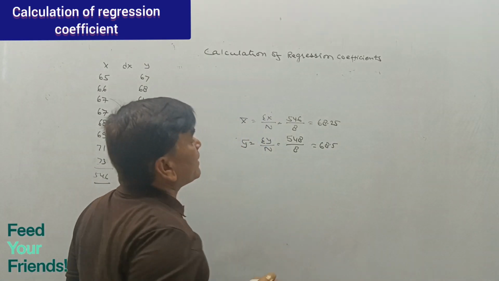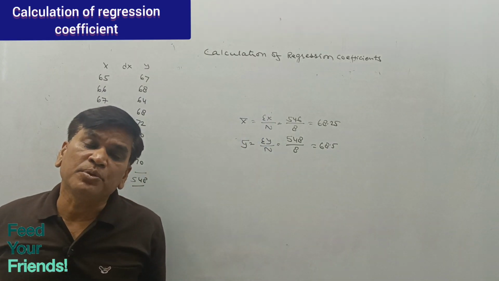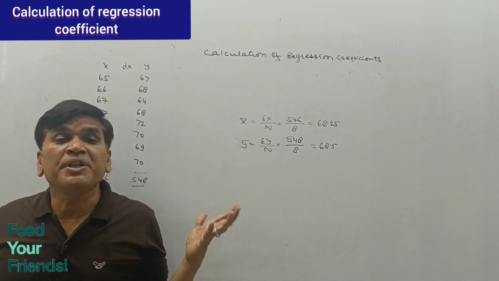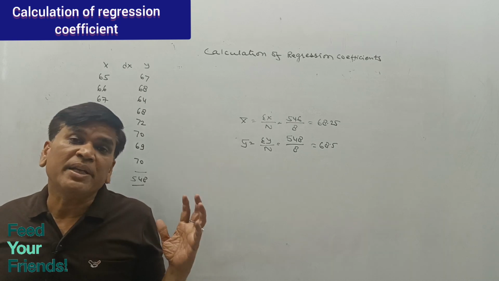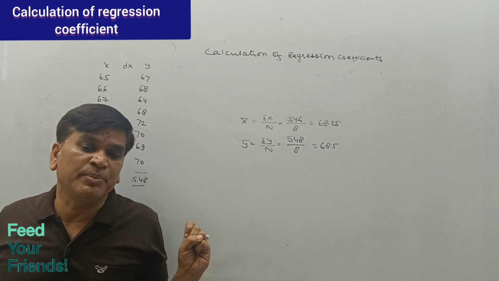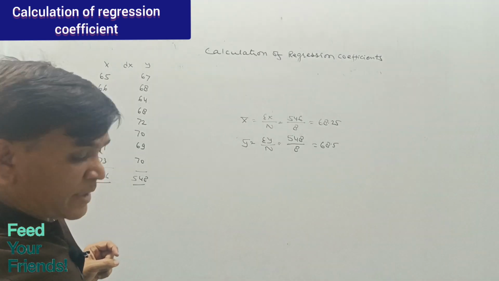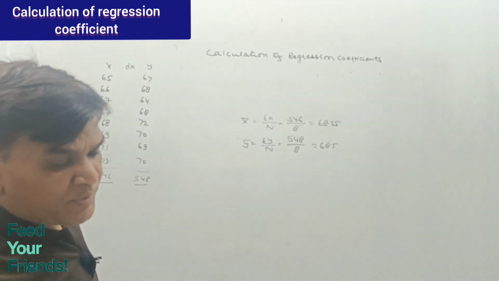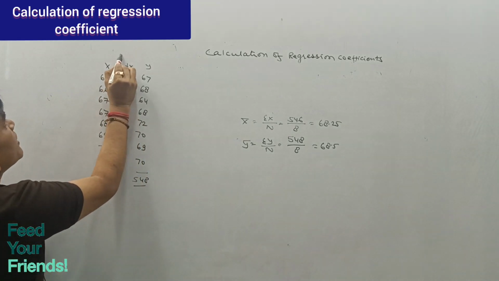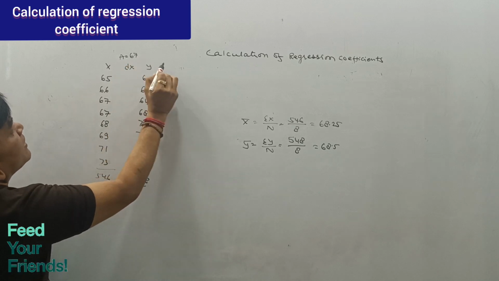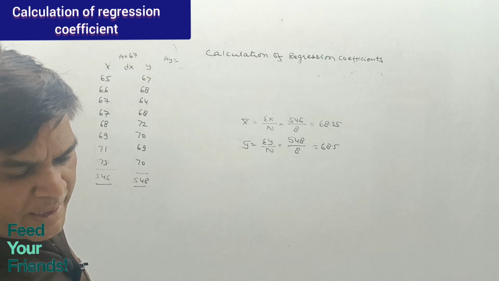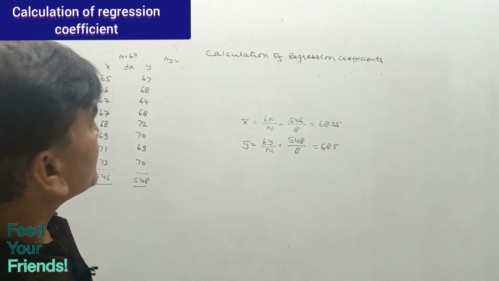So here we are saying that if we do it with the direct method, our x bar and y bar are in decimal points. So it is better to use the assumed mean method to get the values of bxy and byx. Suppose we assume 67 for x and 68 for y.